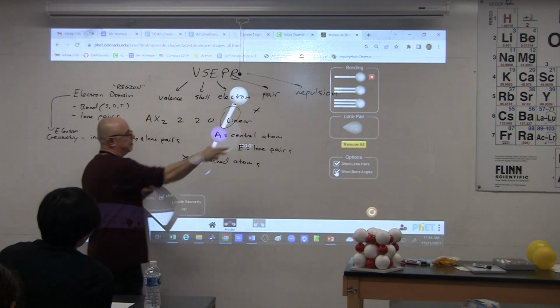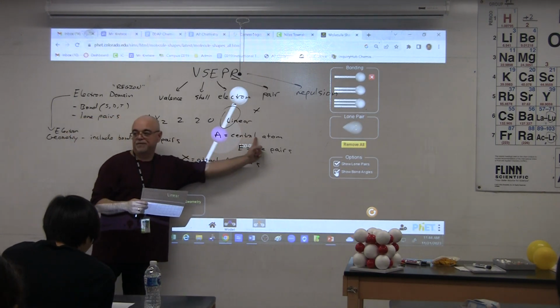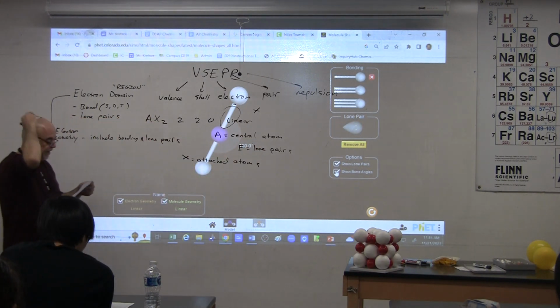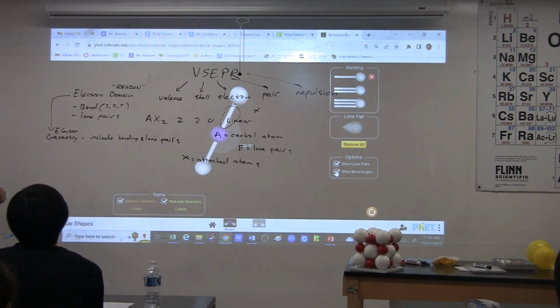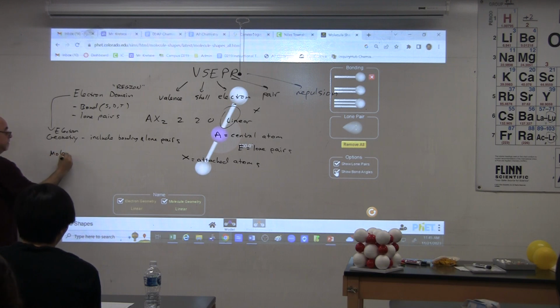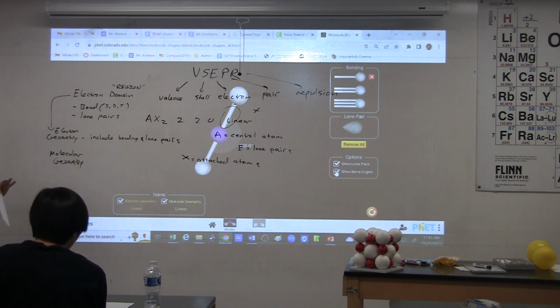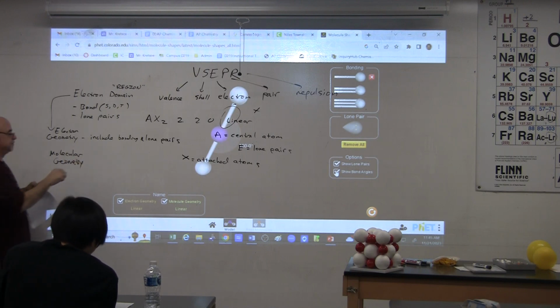So I know I don't have the table up here, but you see I'm just following along the row. You should be able to follow along with it. Now in this case, the molecular geometry, that's looking at something else. That's looking at the arrangement of the atoms themselves in space.